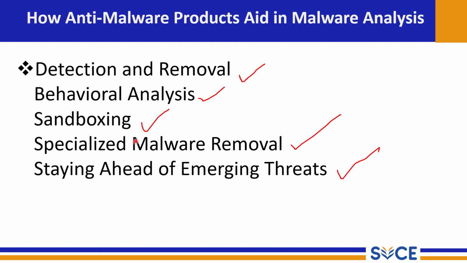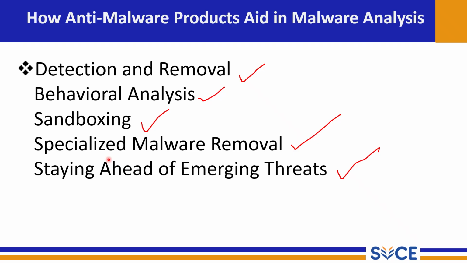And the next one, specialized malware removal. Advanced anti-malware solutions can remove malware that might be difficult for traditional antivirus software to detect or remove, like rootkits. Okay, and this is important in malware analysis because some malware is designed to be persistent and difficult to eliminate.